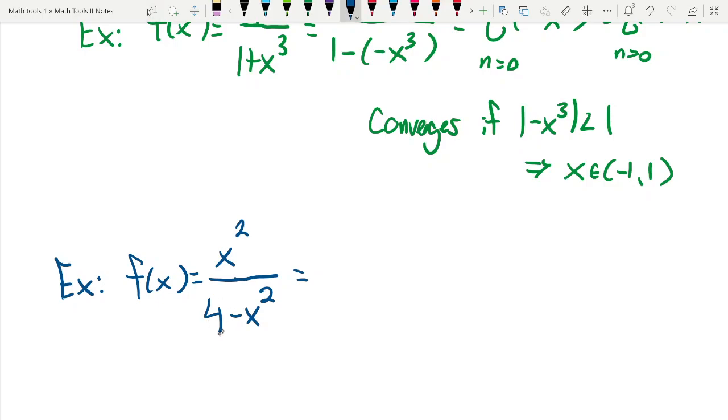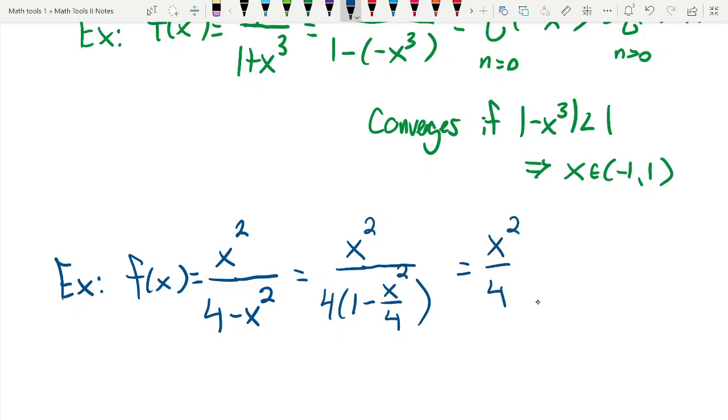So first of all, the big thing is this needs to be a 1, right? So we're going to need to factor a 4 out of the bottom. So this is going to be 1 minus x squared over 4. Okay. And the top also needs to be 1. So we're going to need to pull that x squared out. So we have 1 over 1 minus x squared over 4.